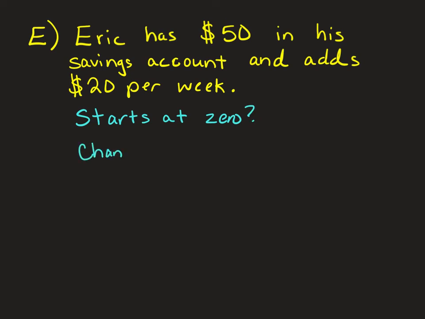Does it change at the same or constant rate? So he has $50 in his savings account. So he does not start at 0. He starts at 50. So right there we can say no.